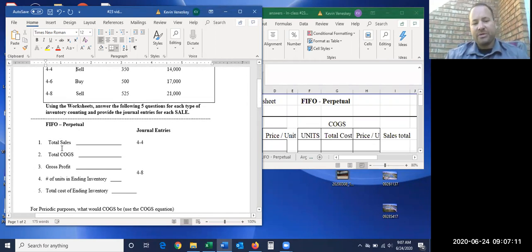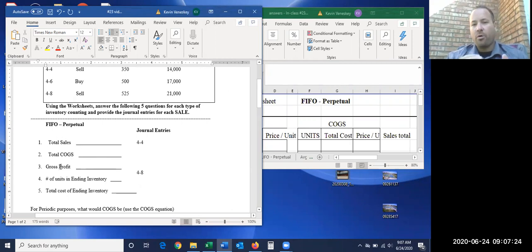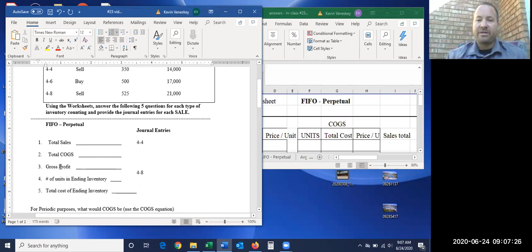And I want to be able to answer these 5 questions when we get through. I want to know how much in sales did we have? That one's the easier one. What is our cost of goods sold? So then therefore, by taking the difference, how much profit did I make? And then how many items do I have in my ending inventory and what's the cost?